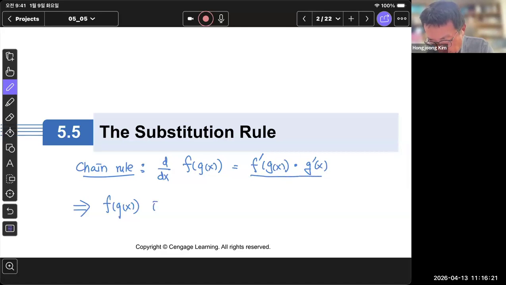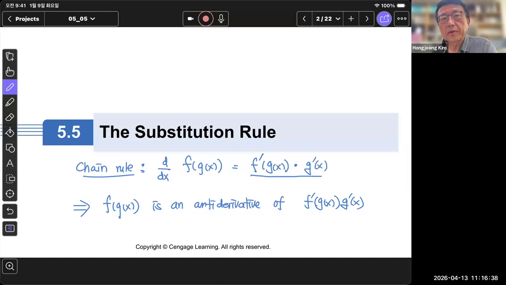So this is an antiderivative of F prime of g of x times g prime of x. In other words, if I consider the indefinite integral of F prime of g of x times g prime of x dx, you get F of g of x.